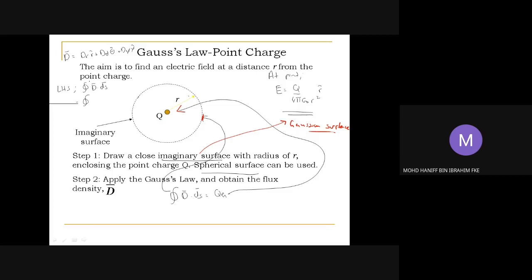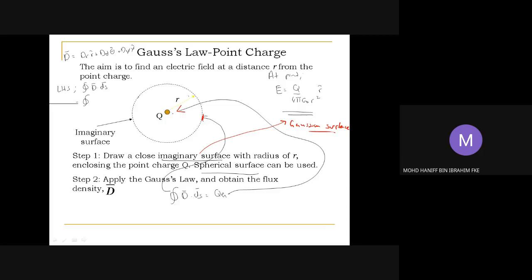So we can have three distinct components of flux density D, because we are using the spherical system of coordinates. But for the case of Gauss law, we can only choose one direction. In this particular case, we know that the charge is at the center of a sphere, a point charge.